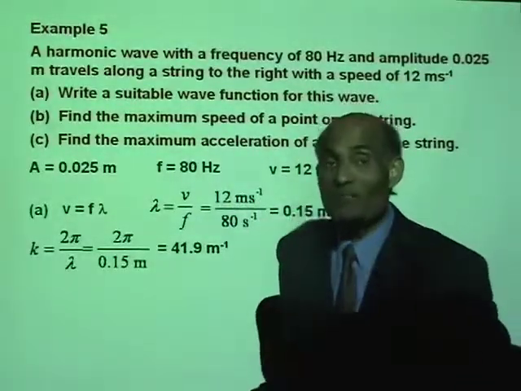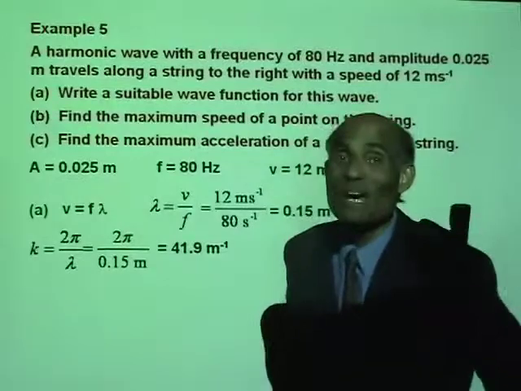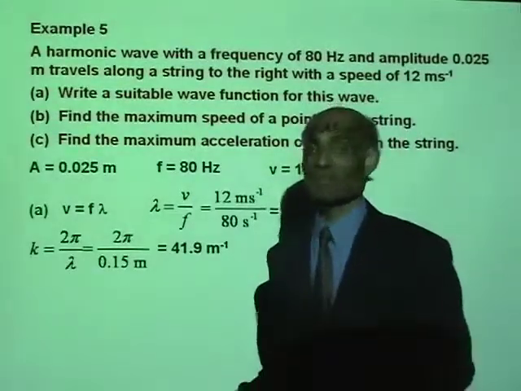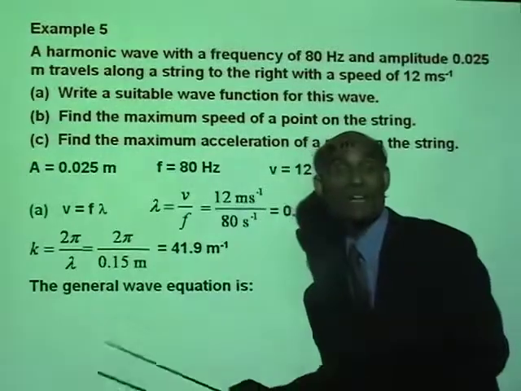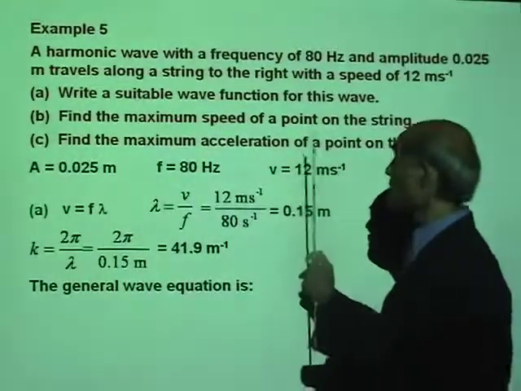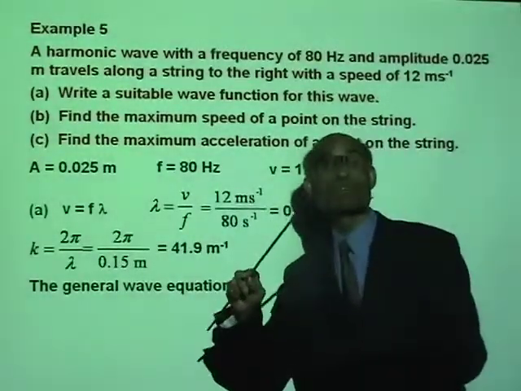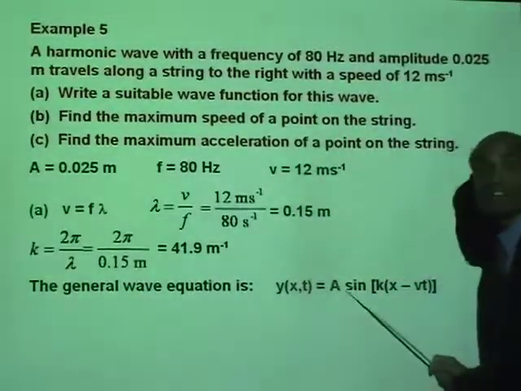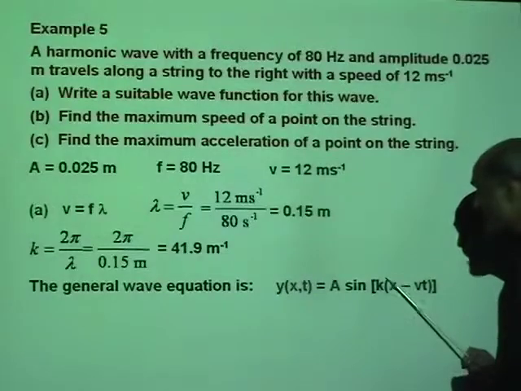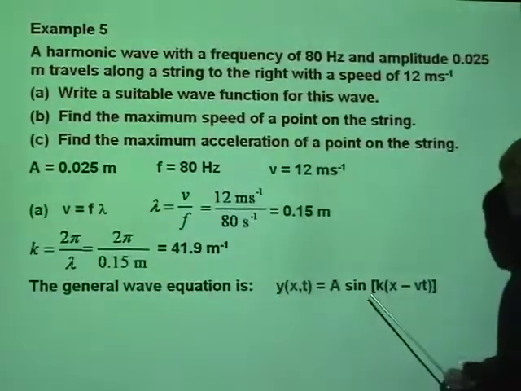What is the other value that we need to write the equation of the wave? We actually don't need anything more because we got the value of v. If you want to now write it of the form y(x,t) is A sine k times (x minus vt).